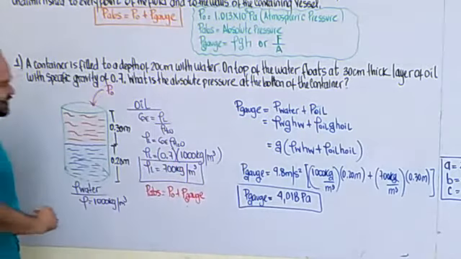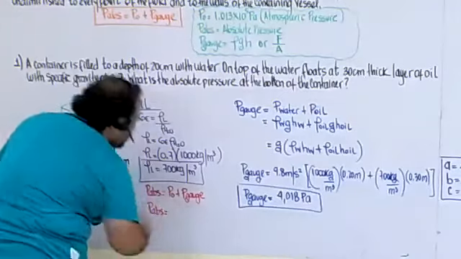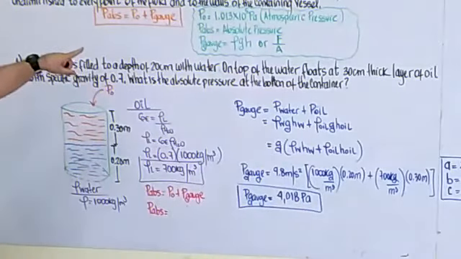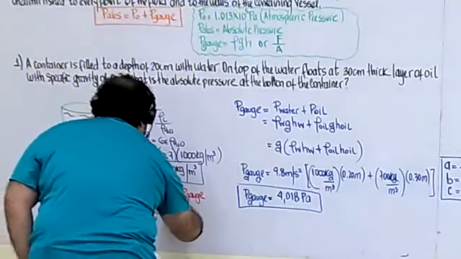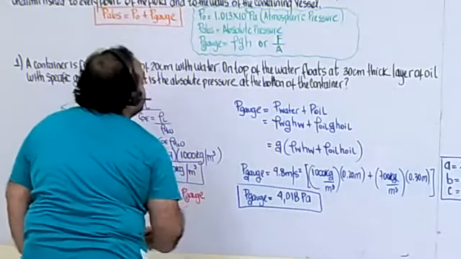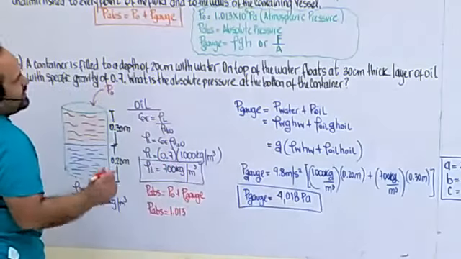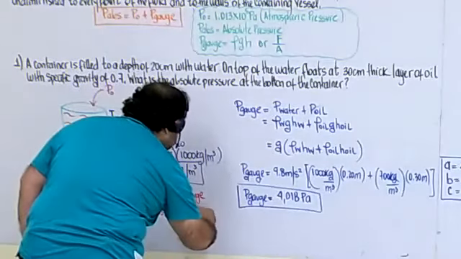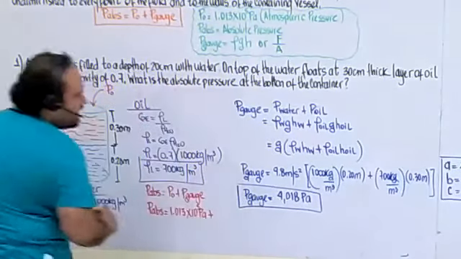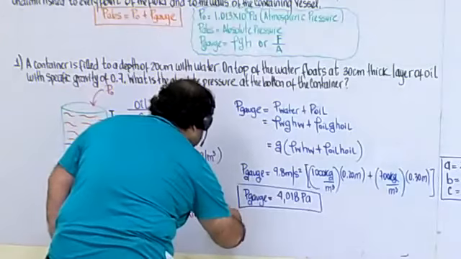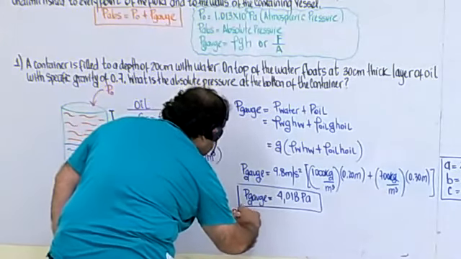In that situation, P absolute is equal to P0, which is the constant value 1.013 times 10 to the fifth pascals, plus 4,018 pascals.